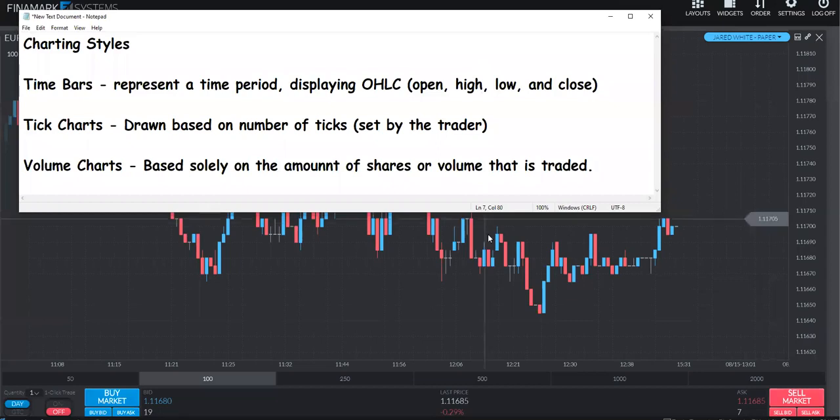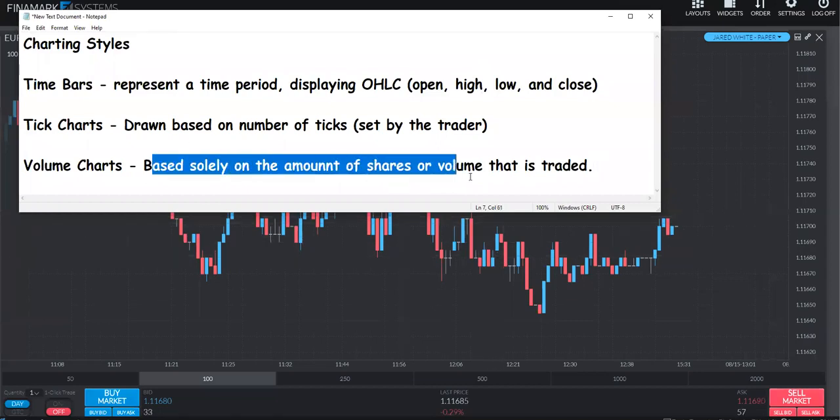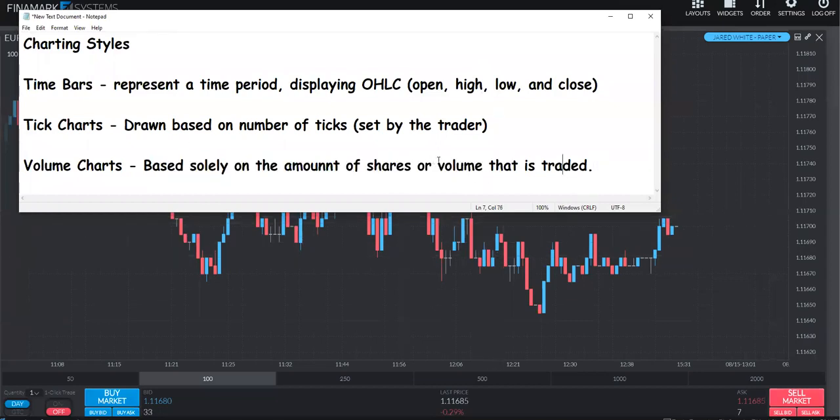Volume charts, what I wrote down, are based solely on the number of shares or volume that is being traded.